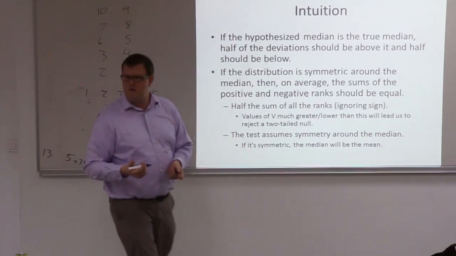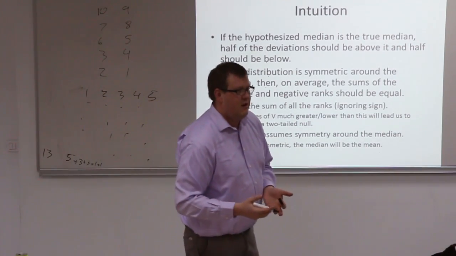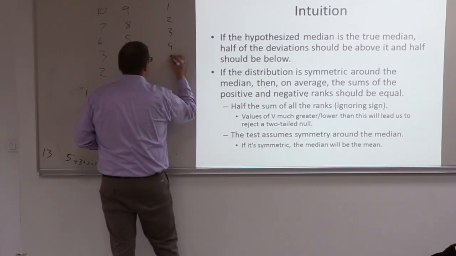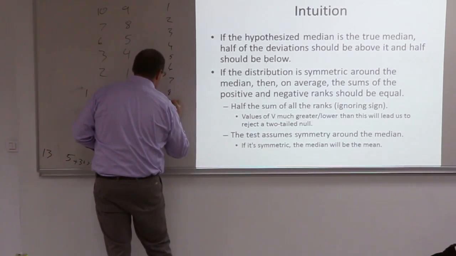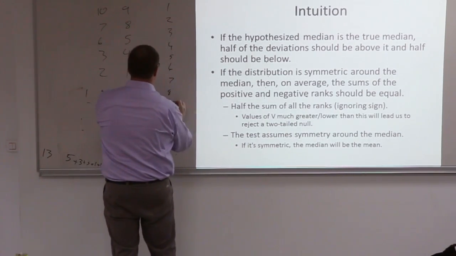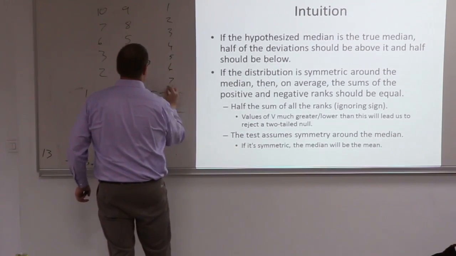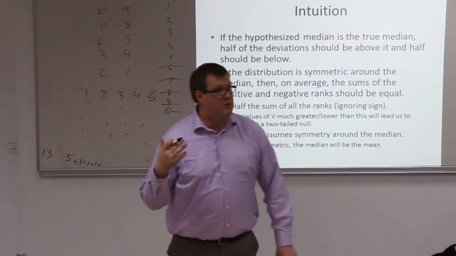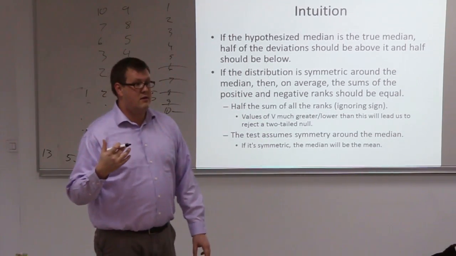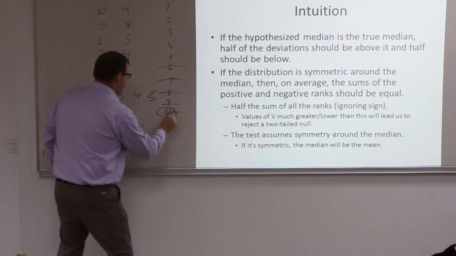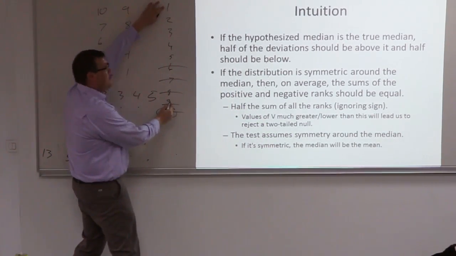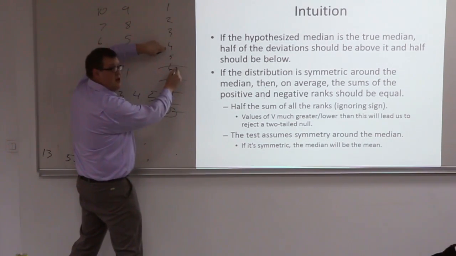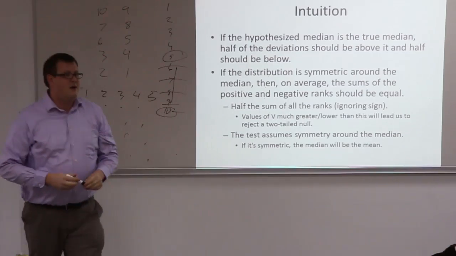Can someone do that for me? 1, 2, 3, 4, 5, 6, 7, 8. Oh, I'm so dumb. There's a rule for doing this. Okay, so 10, we have 20, 30, 40, 55. So we have 10, 9 plus 1 is another 10, 8 plus 2 is another 10, 7 plus 3 is another 10, 6 plus 4 is another 10, and then we have the 5.